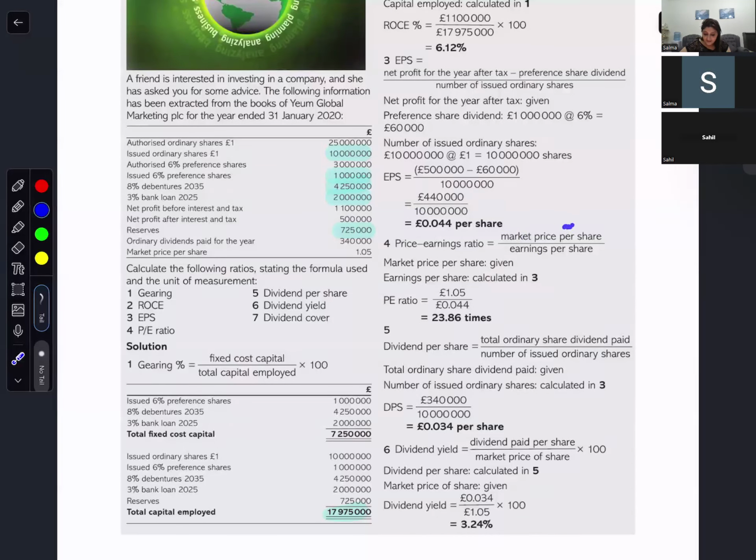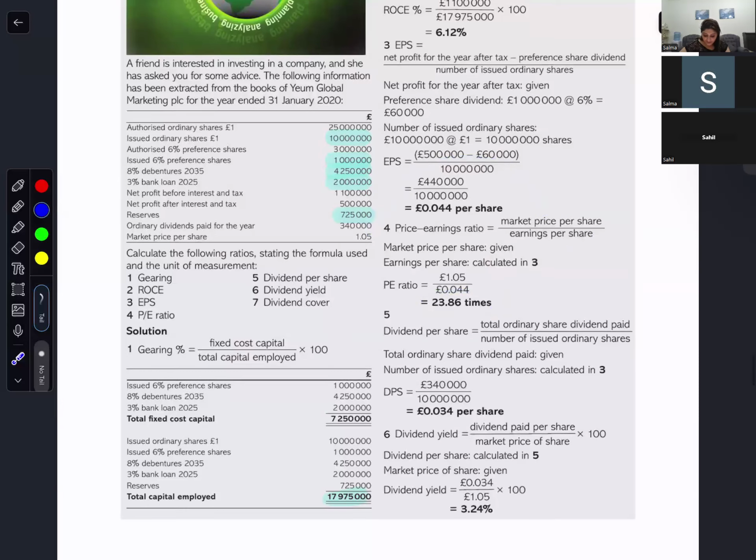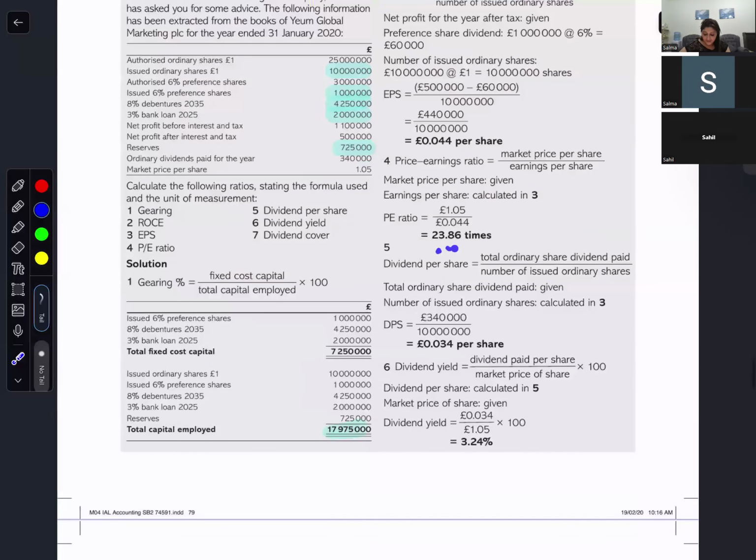Price earning ratio. Market price per share divided by the earning per share. Market price is given to you, 1.05, divided by 0.044, is 23.86 times. Dividend per share, what is the formula for it?